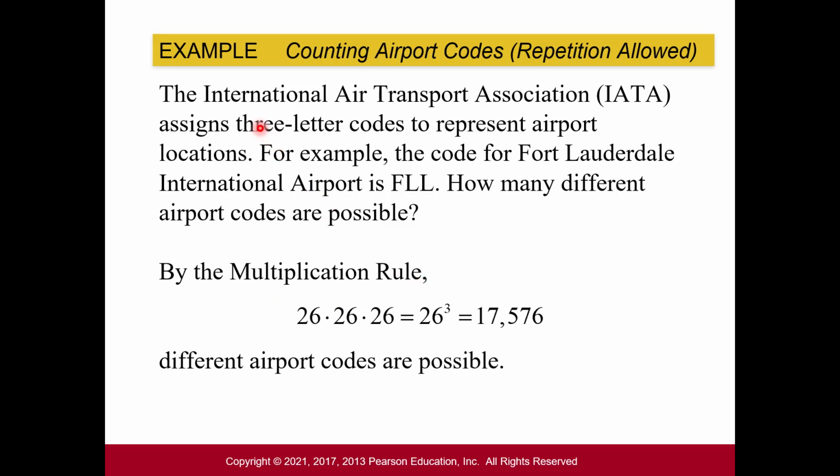We have 3-letter codes, and the English alphabet has 26 letters. So we have 26 choices for the first letter times 26 choices for the second letter and 26 choices for the third letter, or you can say that's 26 to the 3rd power. So there's 17,576 different airport codes that are possible.